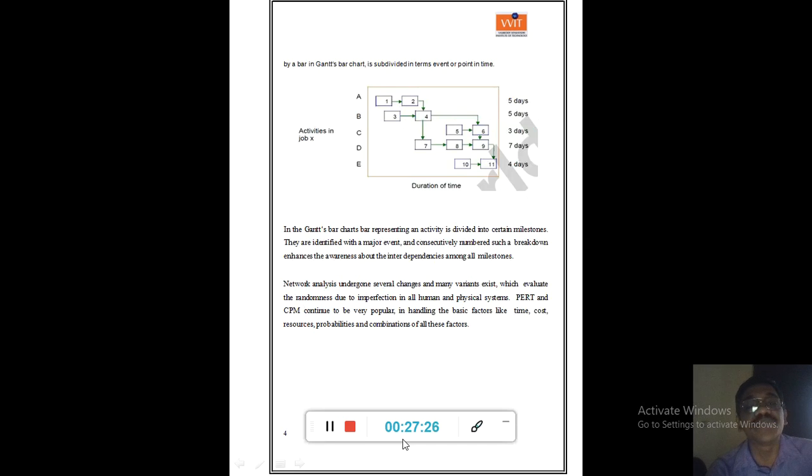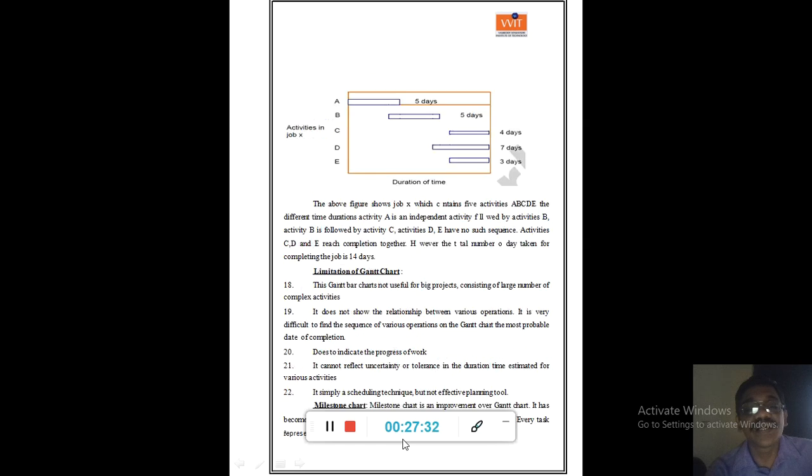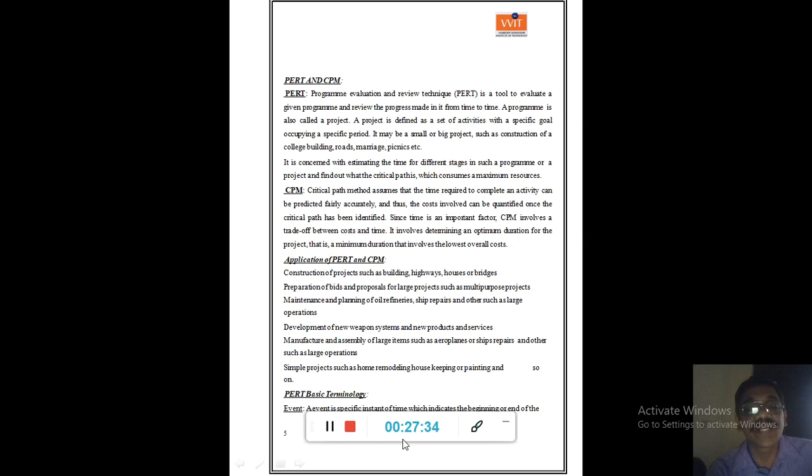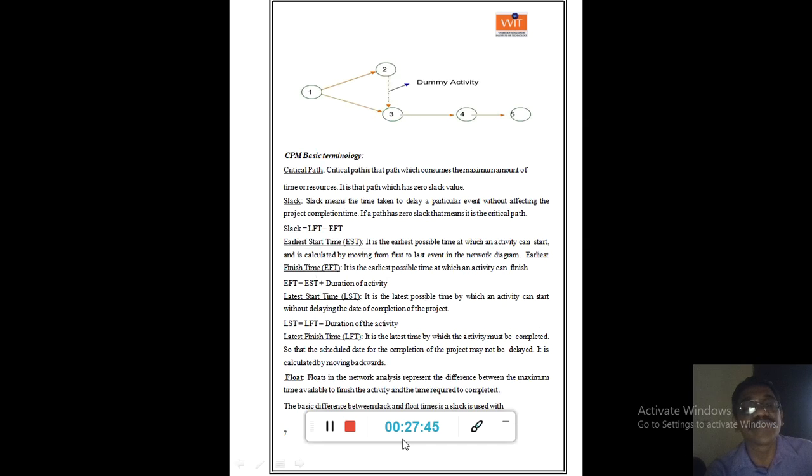This is the CPM. And look at the differences between PERT and CPM. Applications are also given here, and PERT basic terminology has been given. Classification of activities like non-critical activity, critical activity, dummy activity, etc. And basic terminology used in CPM like slack, earliest start time, critical path, earliest finish time, latest start time, latest finish time, floats.